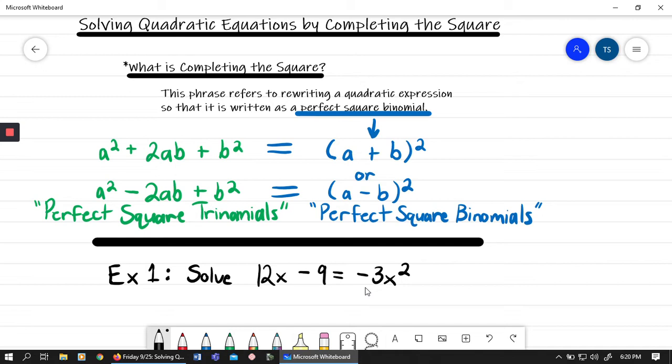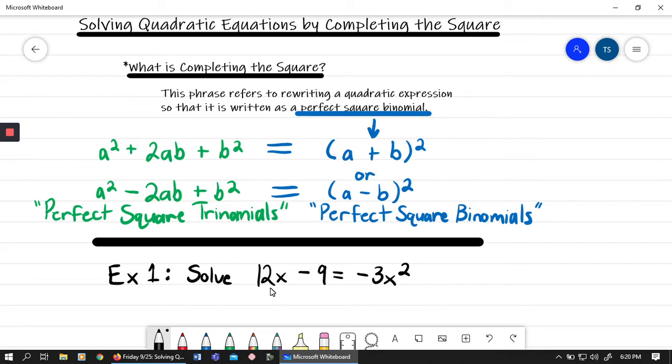We need to make sure we identify what that a value is, and if that a value is not 1, then we need to divide every single term by that a value.